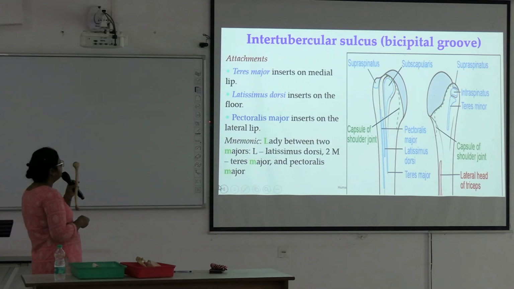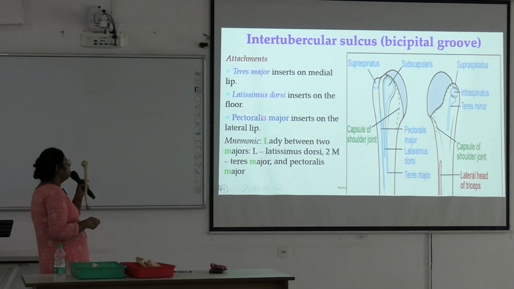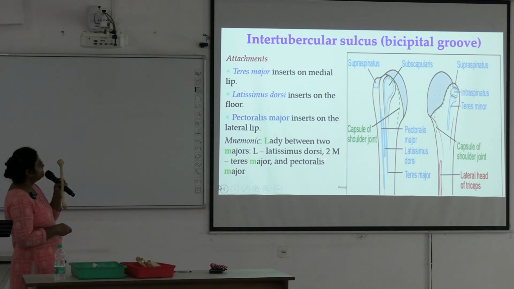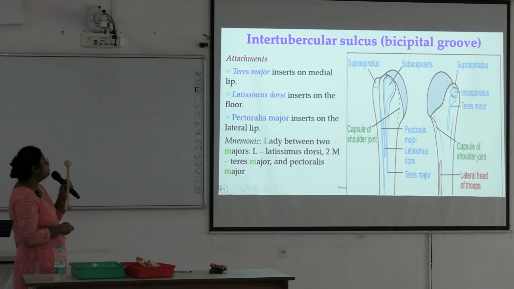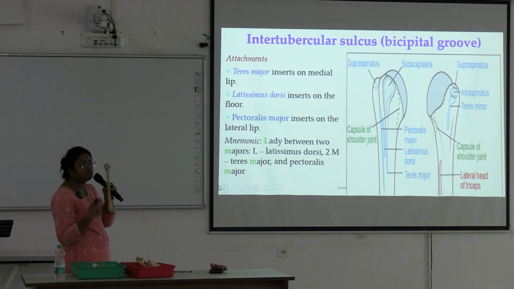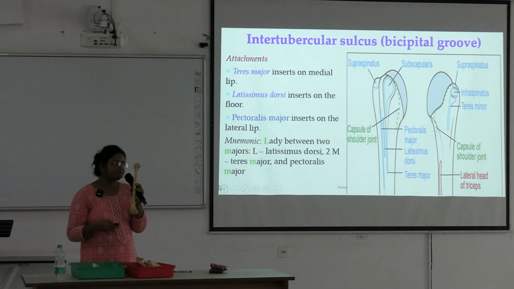Latissimus dorsi inserts on the floor. All are insertions of muscle. So you can remember like lady between two majors. Lady is latissimus dorsi. Two majors are teres major and pectoralis major. Okay, pectoralis major laterally and teres major medially. Okay, understood? This is the attachment of the bicipital groove.